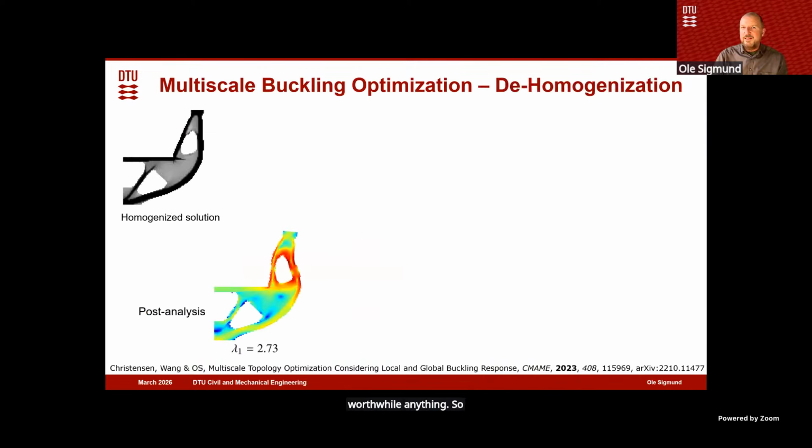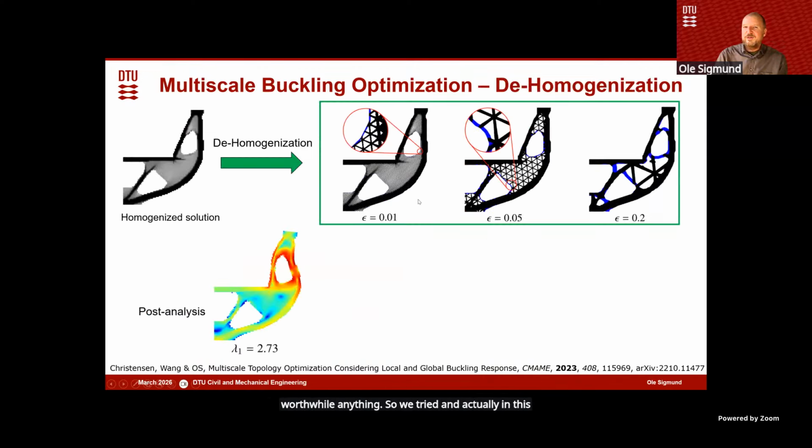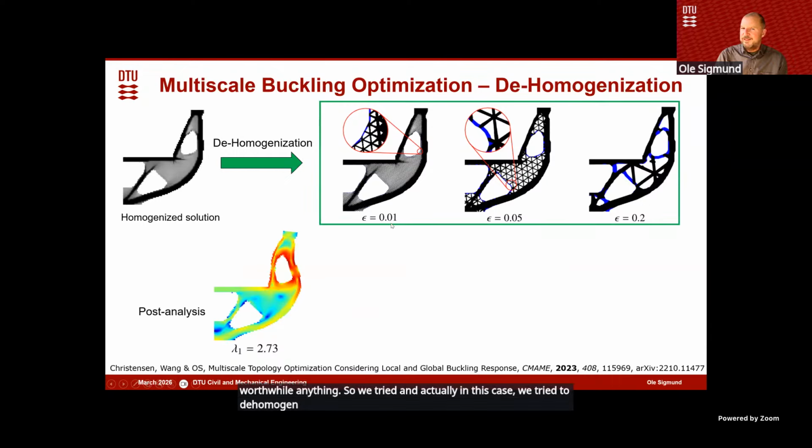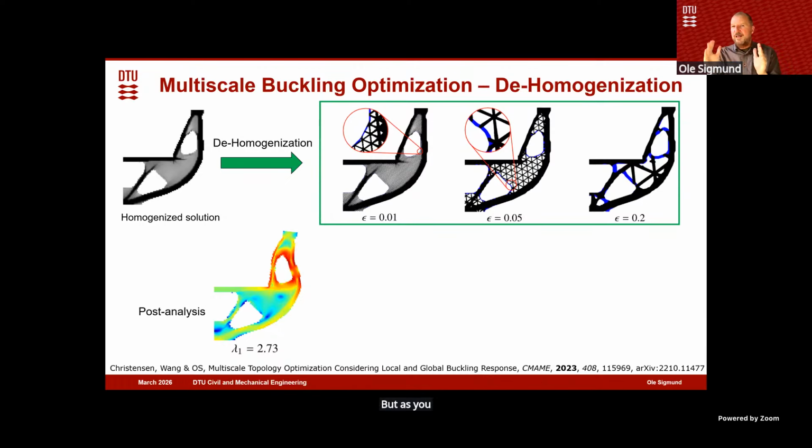So we tried, and actually in this case, we tried to de-homogenize with different periodicities. So you would expect if you have a very small, fine length scale, then it should perfectly correspond to the homogenization solution. But as you get larger and larger cells, it should deviate more and more from the homogenization solution.